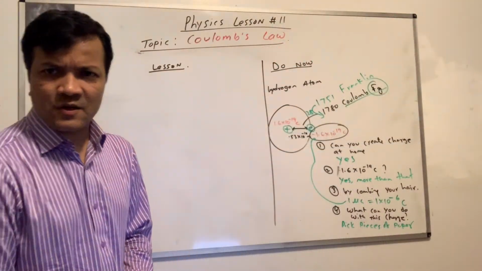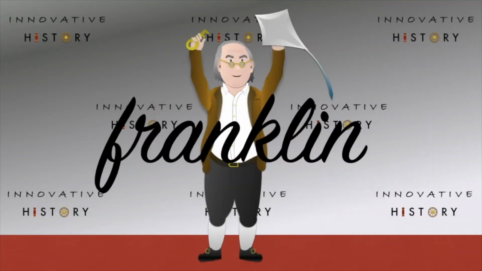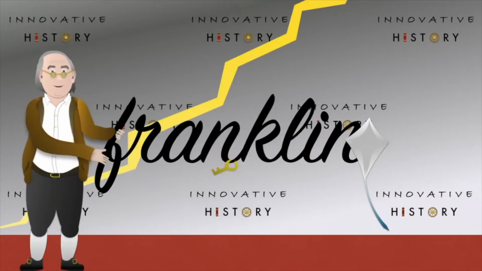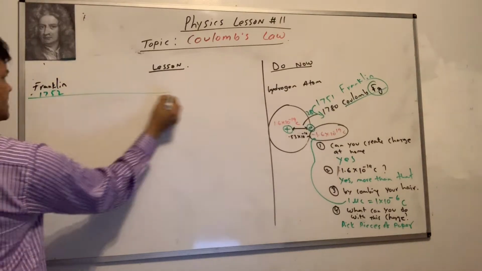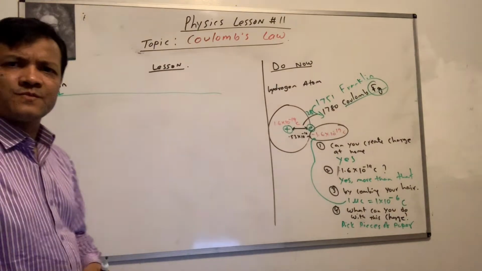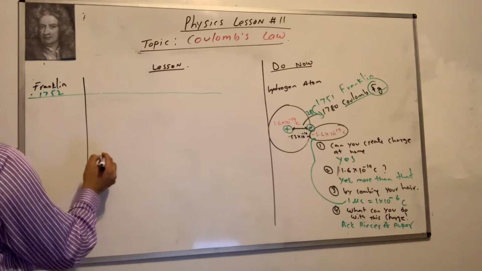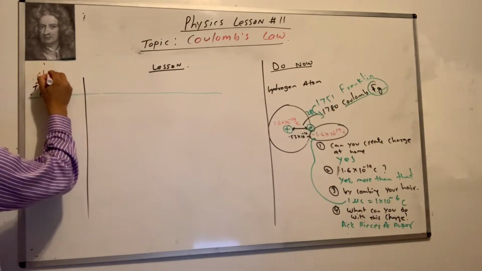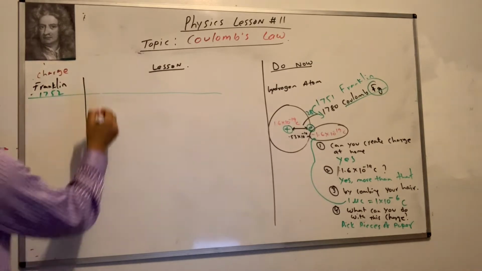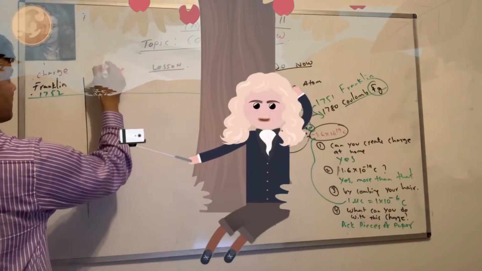We know that Franklin discovered charges in 1752. That's what he did. He discovered charges. And who discovered the gravitational force?